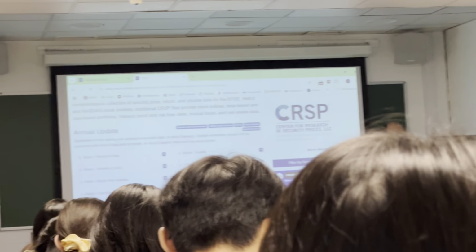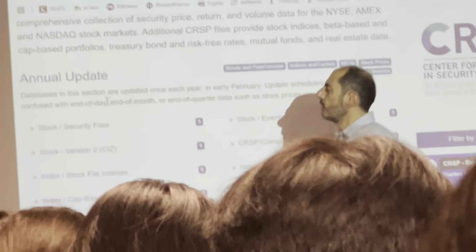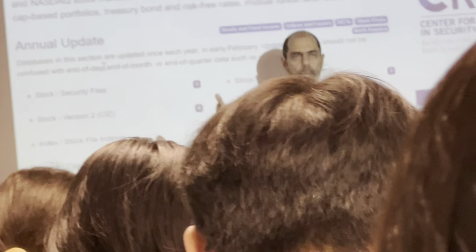Here under the CRSP, we have this index, etc., etc. These are different data about the market. We don't need this for now. What we want to download is data for securities, for stocks, for corporations, right?